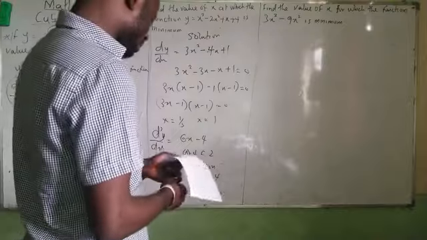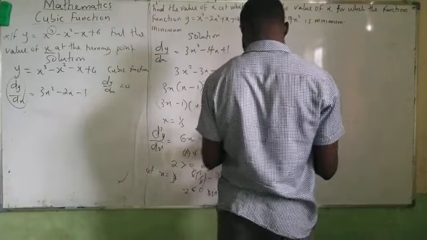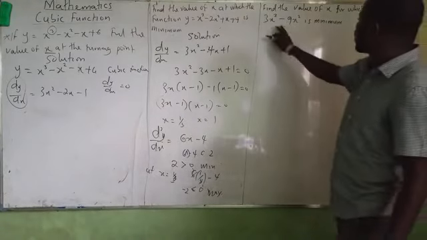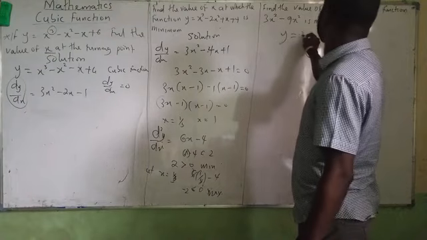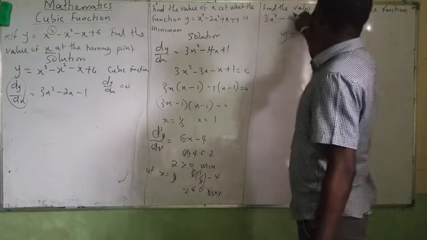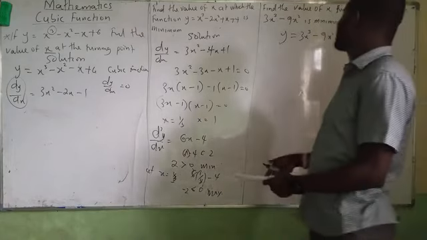Okay, that is all about that. I think that is very clear. Now, for this one I'll have y equals 3x cubed minus 9x squared. Now, find the value of x for which the function is minimum.